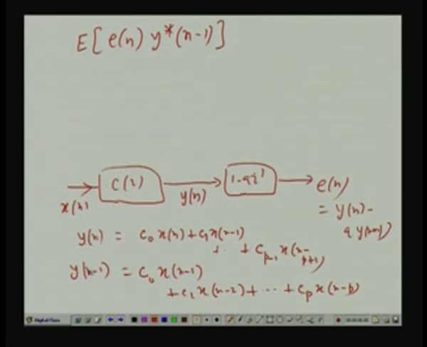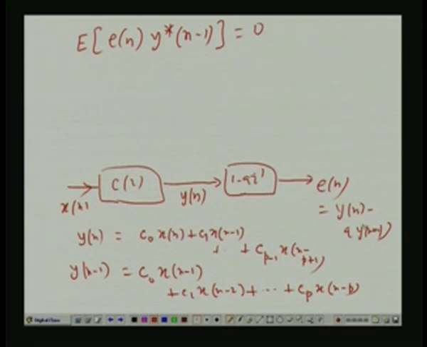That is why, when you consider y[n minus 1], you start at index n minus 1 for x, but go only up to n minus p, not any term beyond that. Because that extra term, if you go one step further in the past, say x[n minus p minus 1], may not be orthogonal to e[n]. We have strictly terms from x[n minus 1] to x[n minus p], and that set is orthogonal to e[n], and therefore e[n] is orthogonal to y[n minus 1], and that is 0.